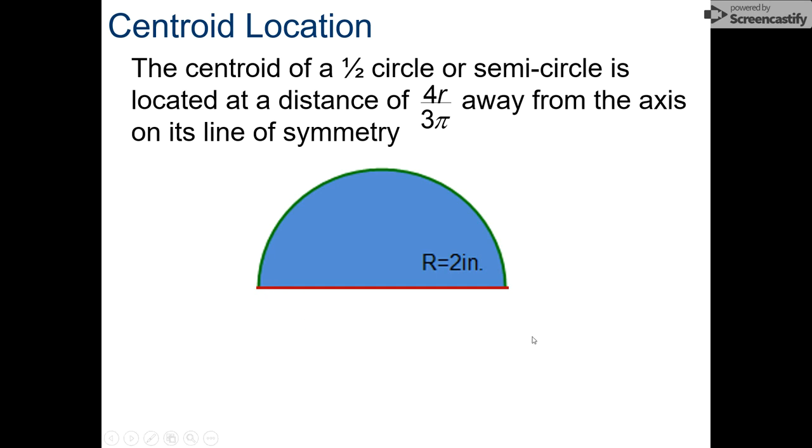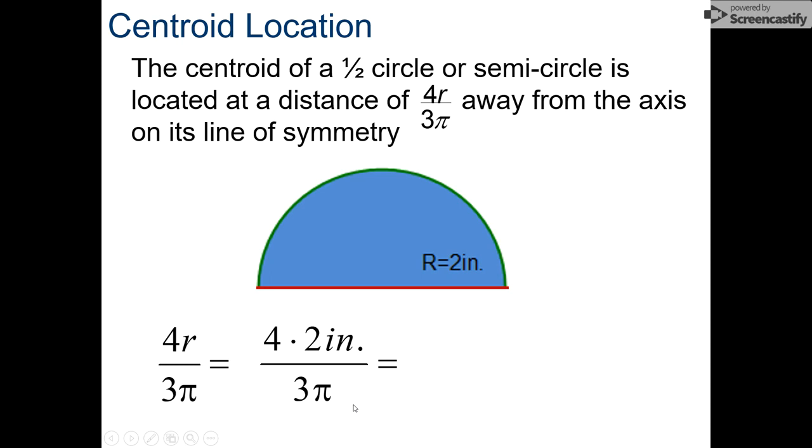My x bar, easy. It's just whatever my radius is, because I'm going from here over to the right on this line. So my x bar is the radius of my circle. My y bar is somewhere up in here, and that's where we use this equation. So my y bar is 4r over 3 pi. So if I take that equation, 4r over 3 pi, 4 times my radius of 2 inches, divided by 3 times pi.